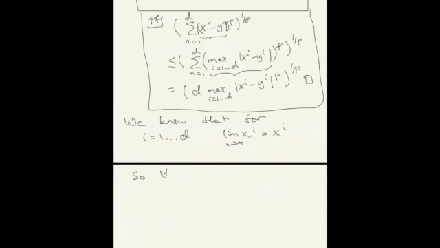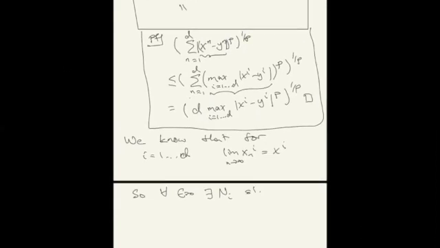So for every epsilon, there exists some capital N_i such that, and I'll imagine that I want to cancel out that factor d in this definition, such that |x_n,i - x_i| is less than or equal to epsilon over d to the power 1 over p for all n bigger than or equal to N_i.